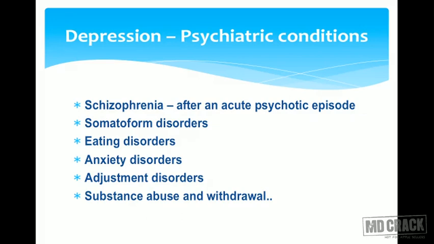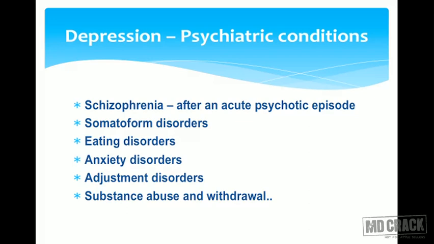What are the various psychiatric conditions in which depression may be associated and it might confuse you? Patients with schizophrenia after an acute psychotic episode very often present with symptoms of depression, and you need to rule out this condition, that's schizophrenia.